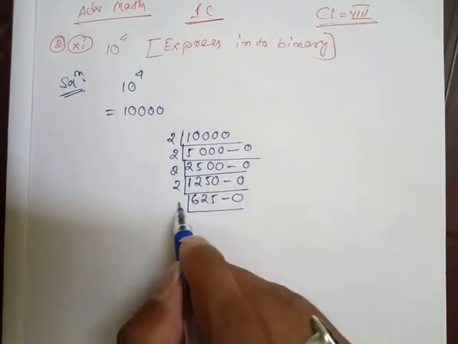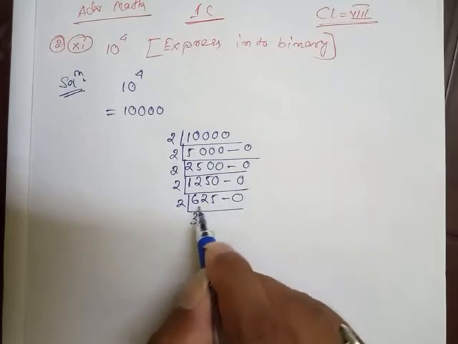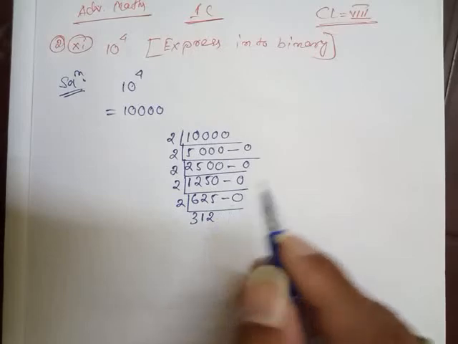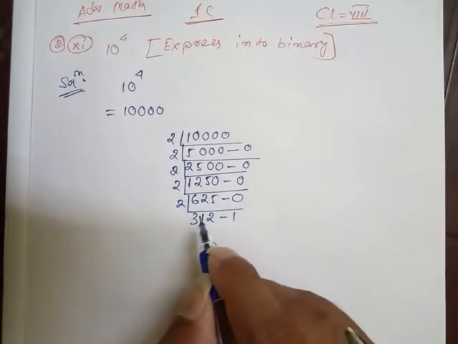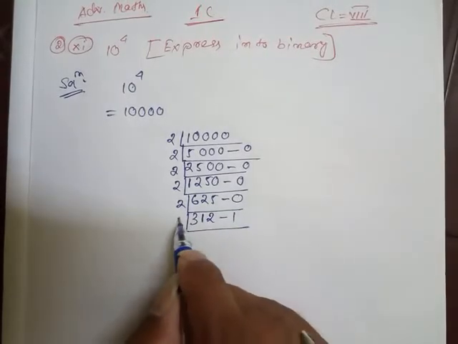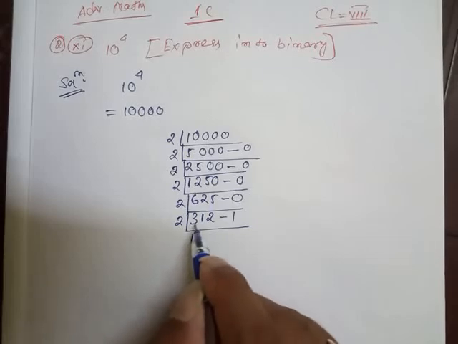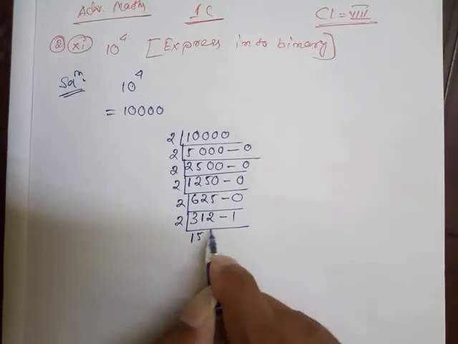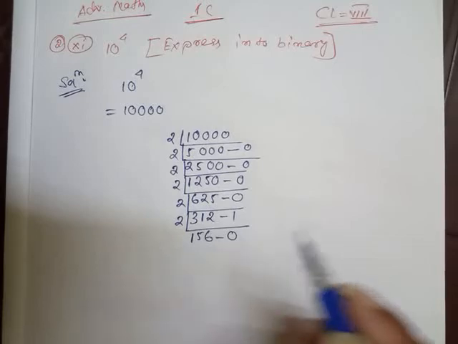Now again with 2. 3 2s are 6, then 2 1s are 2, and 2 2s are 4, remainder is 1. We'll go for again with division by 2. 2 1s are 2, 3 minus 2 is 1, then 1 means 11, 5 2s are 10 means 1, and 2 means 12, 6 2s are 12, remainder is 0.